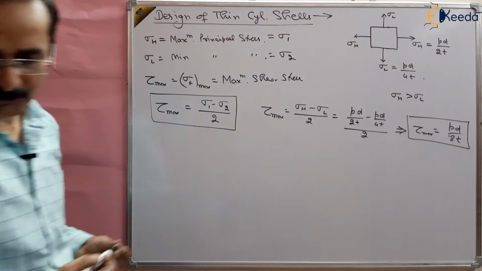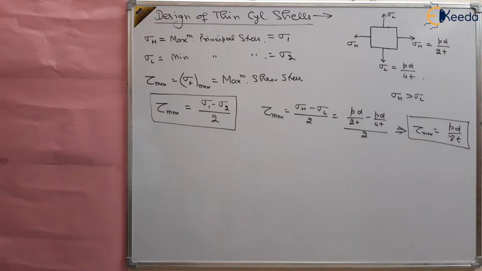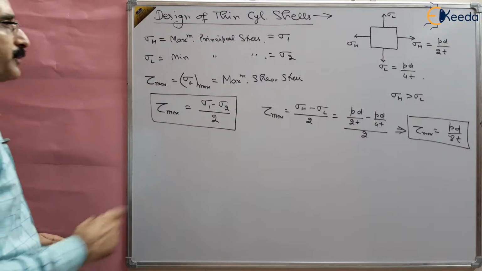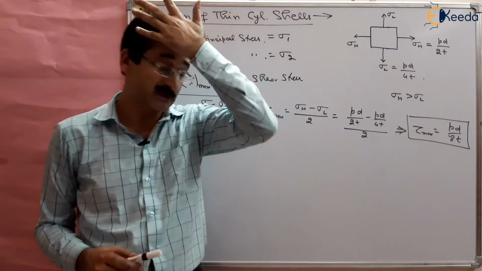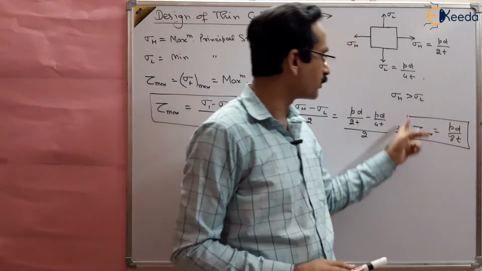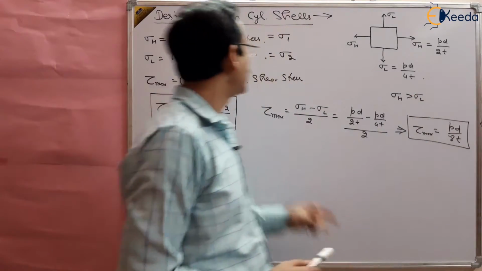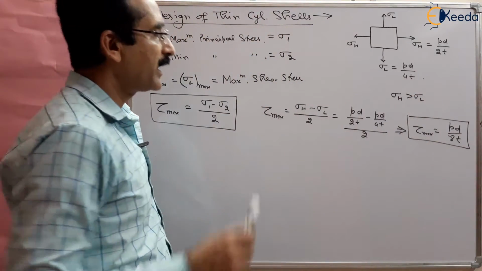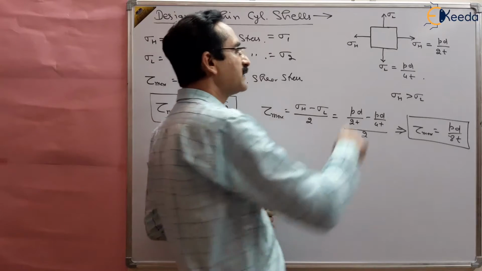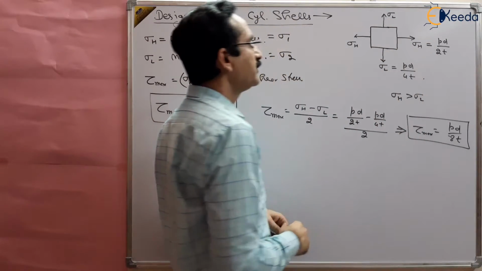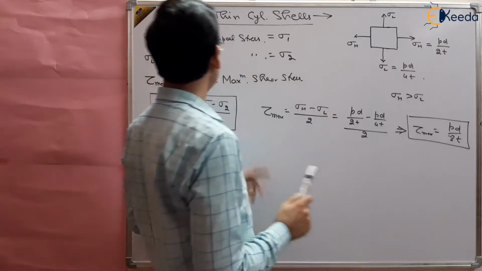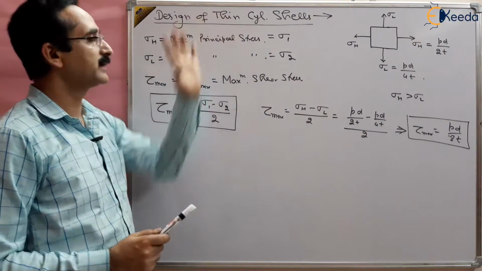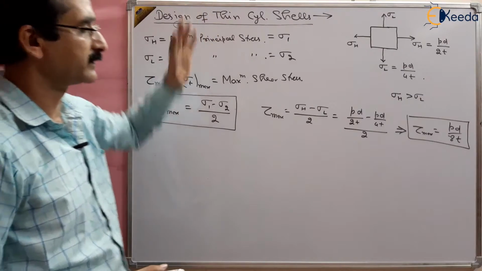PD by 8T, right? So if the material of the pressure vessel is weak in shear, then we use this formula for designing the cylinder. And if the material is weak in tensile stresses, then we use sigma h, the maximum principal stress, as the criterion for designing the thickness of thin cylinders, right?